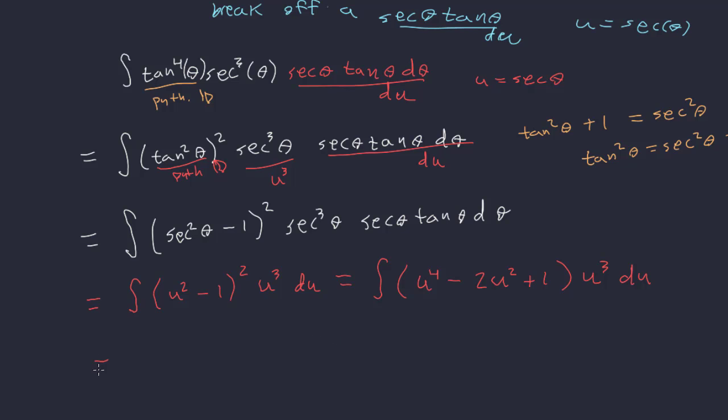From here, we just distribute that u cubed, and we'll get u to the seventh minus 2u to the fifth plus u cubed du. At this point, I think we've done this enough times that you can probably finish it from here. Do your power rules, put your secant theta back in.